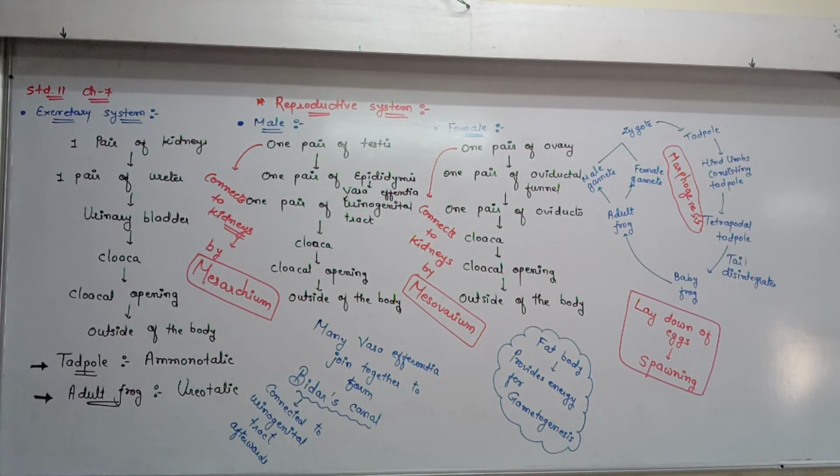Frogs are beneficial for mankind because they eat insects and protect the crop. Frogs maintain ecological balance because they serve as an important link of the food chain and food web in the ecosystem.